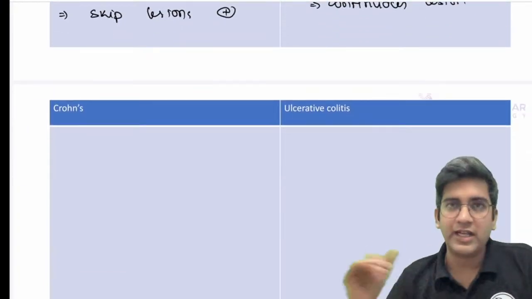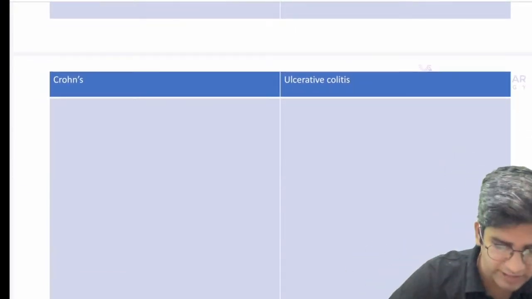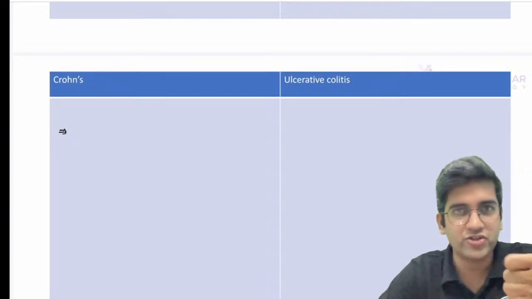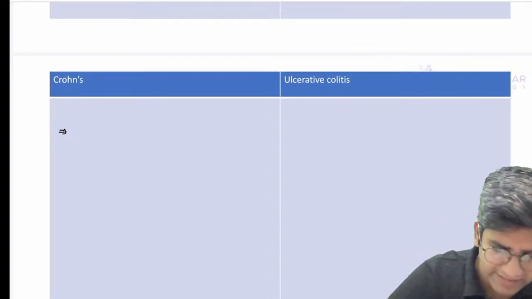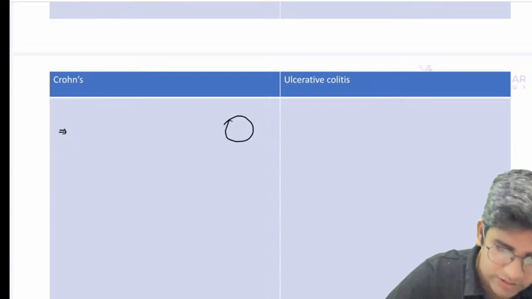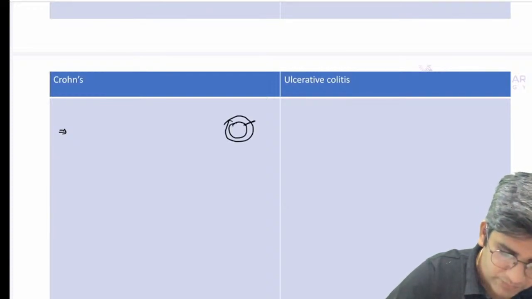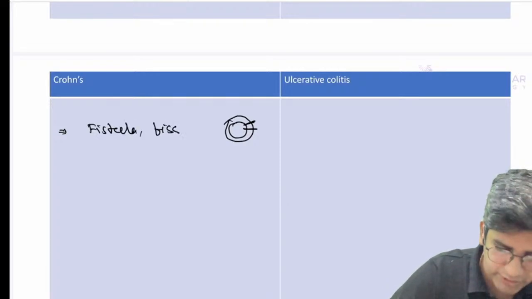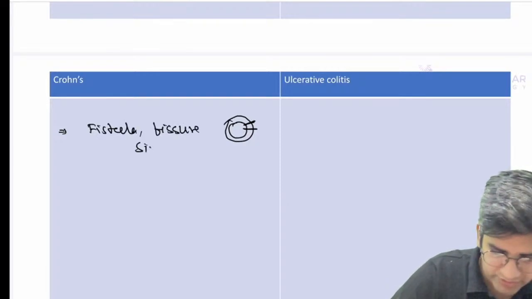Again, transmural and superficial mucosal. Because of the transmural thing, you can have tissue destruction, healing by fibrosis, right? You might have transmural tissue destruction like this itself. So you can write easily: it can cause fistulas, it can cause fissures, it can cause sinuses.